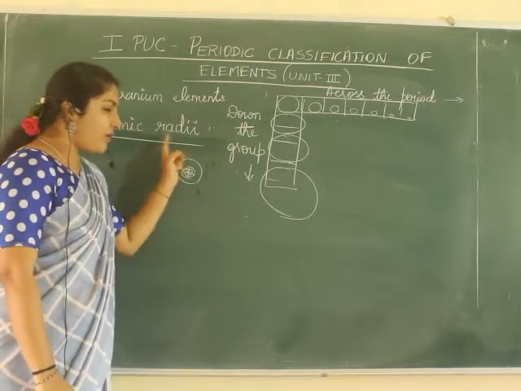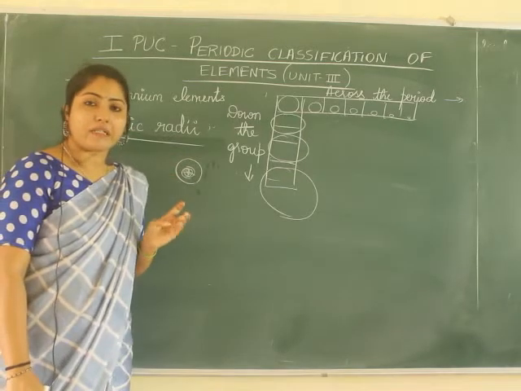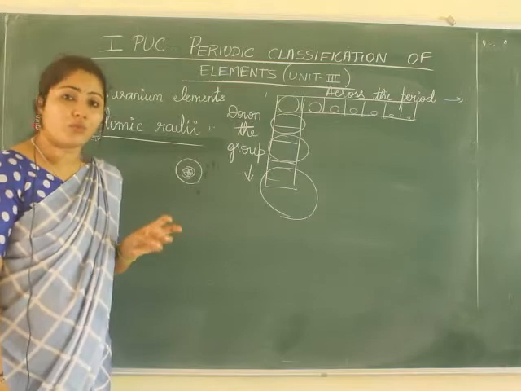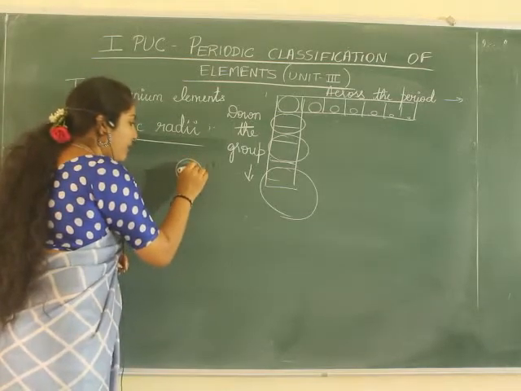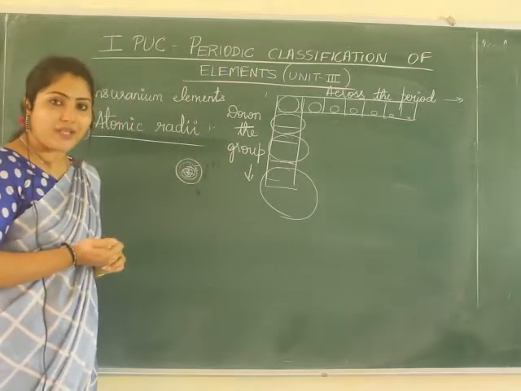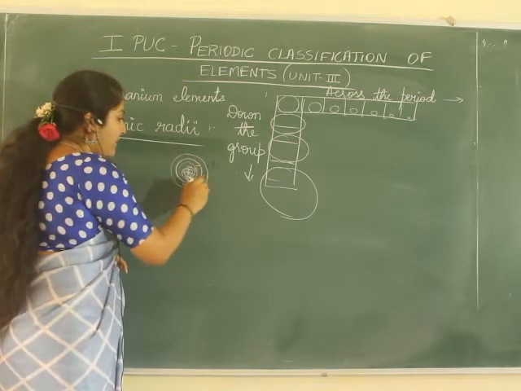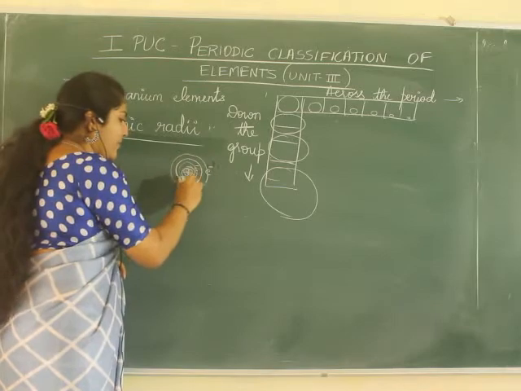So what else do you have in the atom? You have orbits, that is, circular paths in which the electrons are seen to be moving. The electrons are which charged? They are negatively charged. Are you getting the point? So the electrons that are moving in circular paths will be negatively charged.